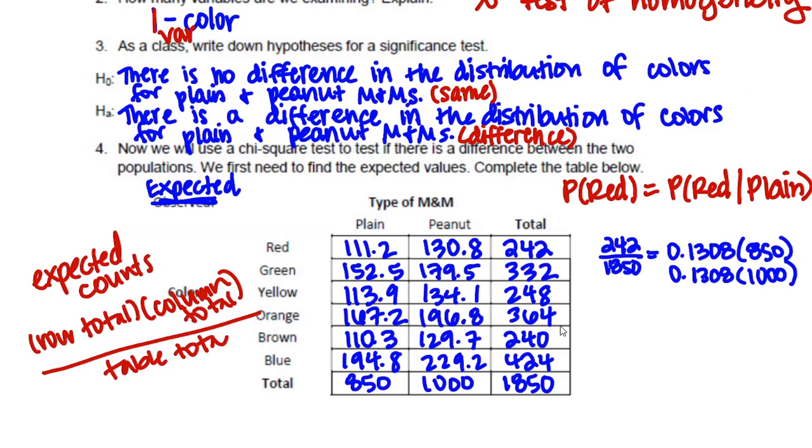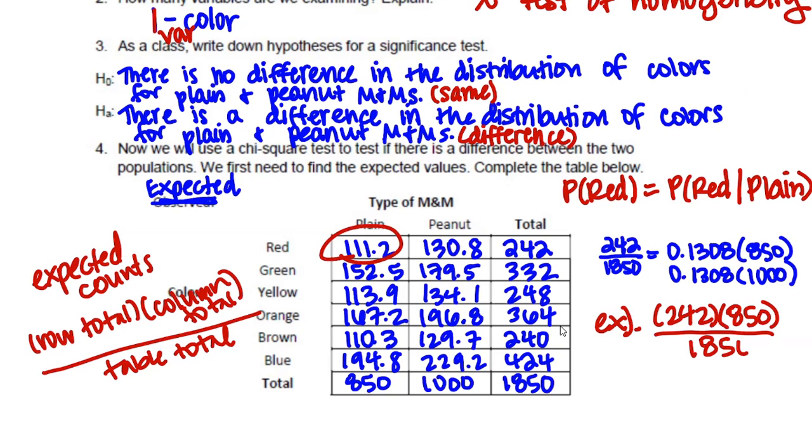So if you go back and try those again, let's do an example. That would be 242 times row total times, so if I do this one, times 850 over 1850. That is actually the exact math we did. It was just we did it one step at a time.